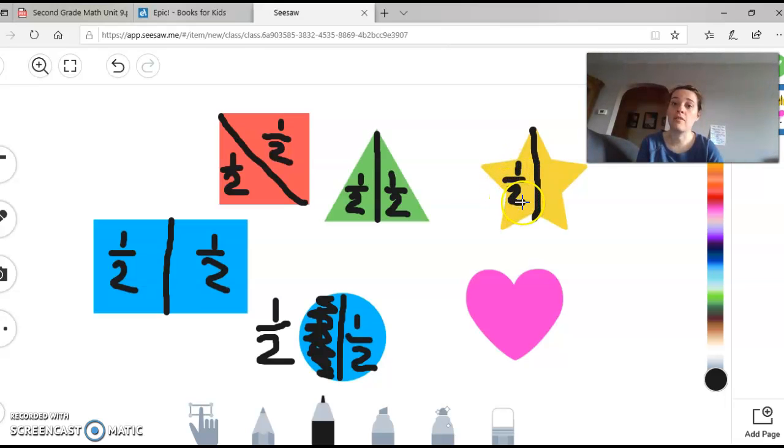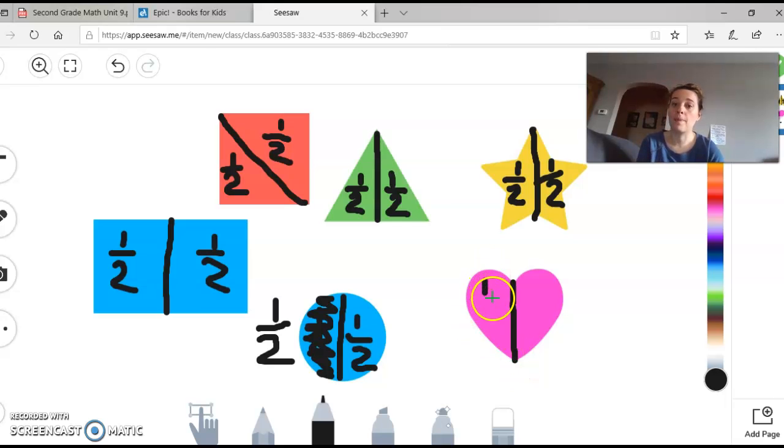Here is 1/2, and here is 1/2. The heart is the same way. I cannot cut this heart like this. Those are not equal parts. That's not 1/2. I cannot do that. I can only cut my heart in half like this to make it equal.